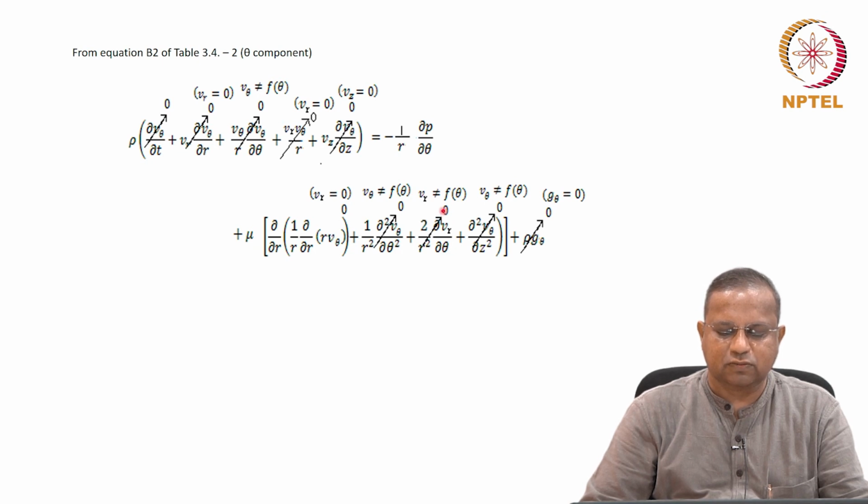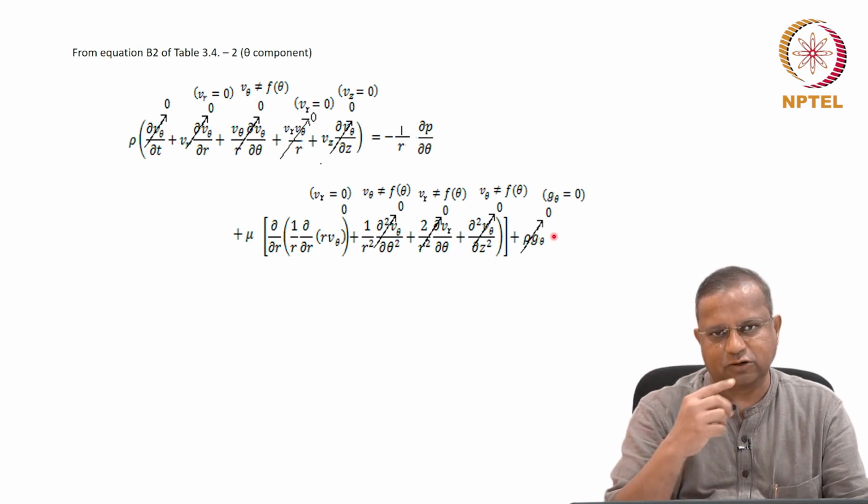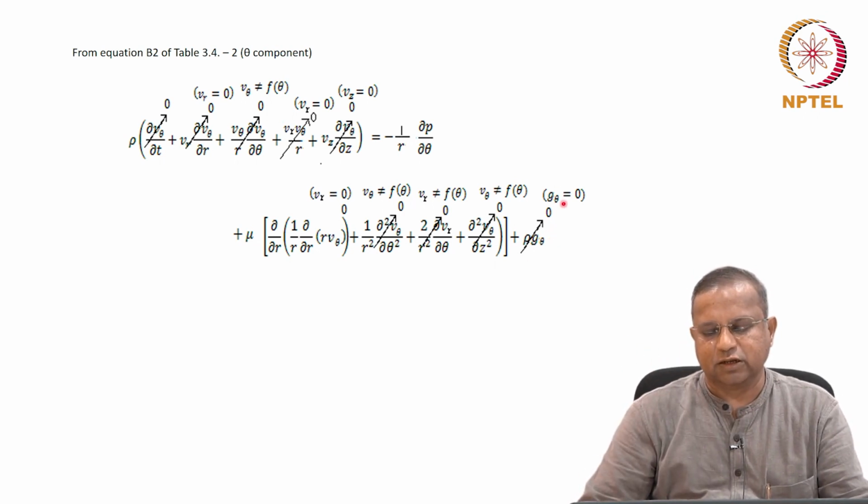Here you don't have a Vr at all, leave alone it being a function of theta. Vr itself is 0, therefore this goes to 0. Here V theta is not a function of theta, so this goes to 0. And there is no g, the acceleration due to gravity component in the theta direction. Therefore, g theta goes to 0.